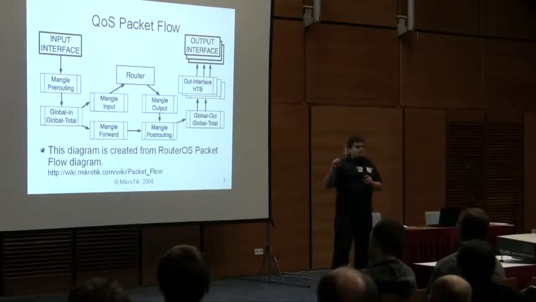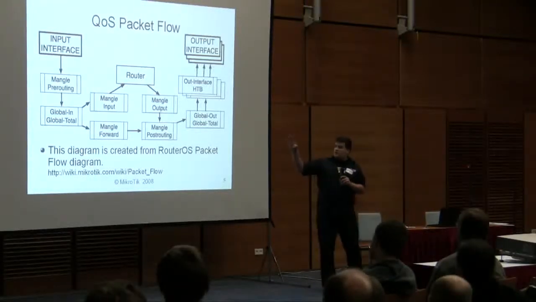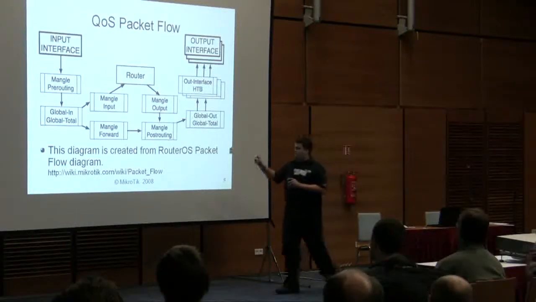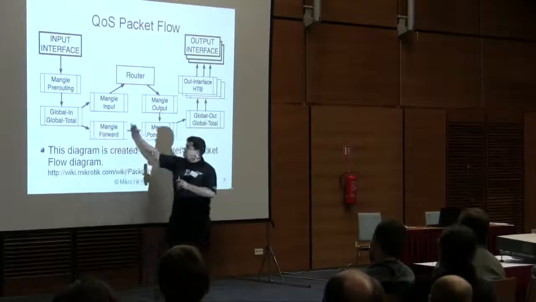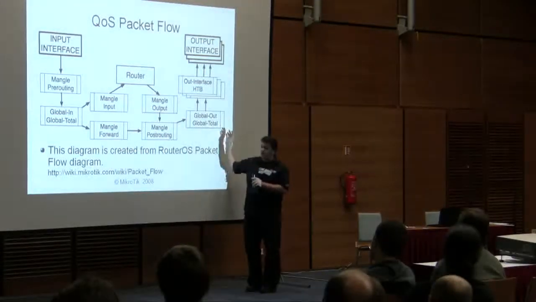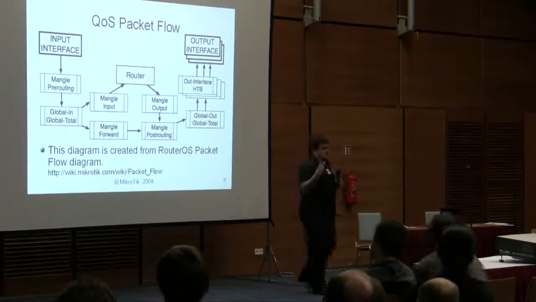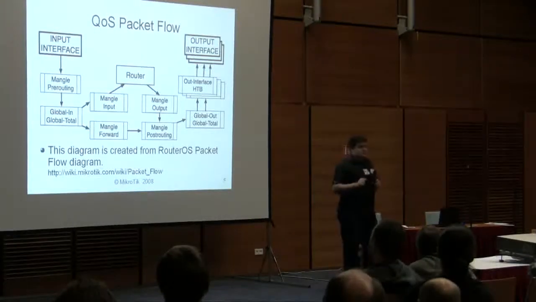And where should we queue for the first time? Global in. So we can finish our first queue system, first QoS, over here. So we get the rest of this diagram free for our second QoS system in the same router.